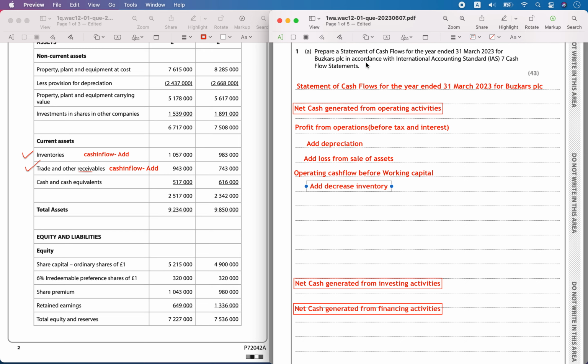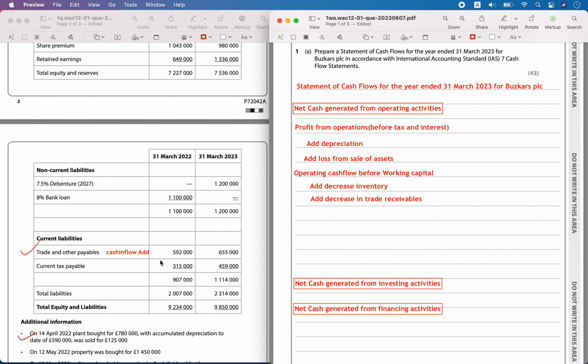Then you will add back the decrease in trade receivables. And then with regards to trade payables, there has been an increase, which is also a sort of cash inflow. So I will add any increase in trade payables.